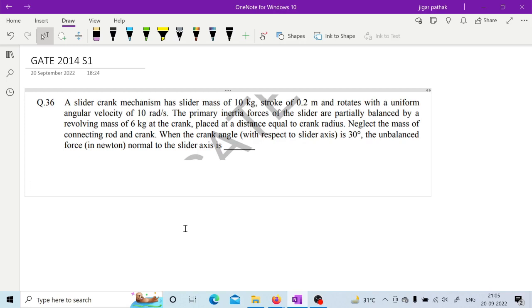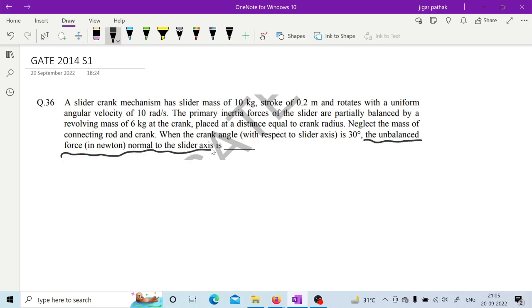First, what they have asked, can anyone tell? What is this unbalanced force normal to the slider axis? Can anyone tell this? Sir, is that meaning that the unbalanced force normal to the slider axis, it means vertical direction.